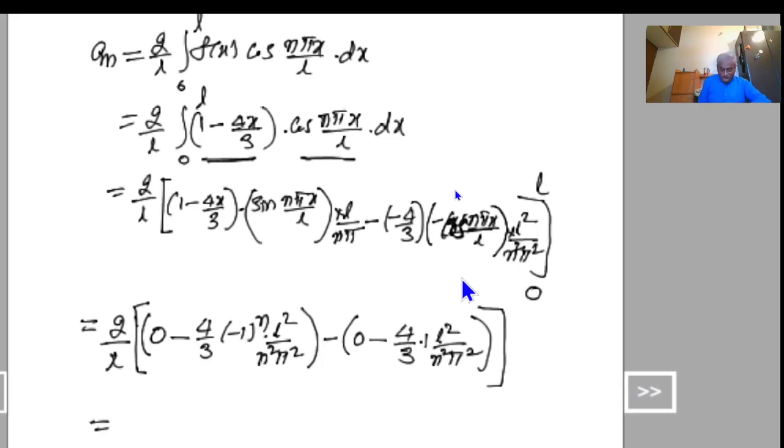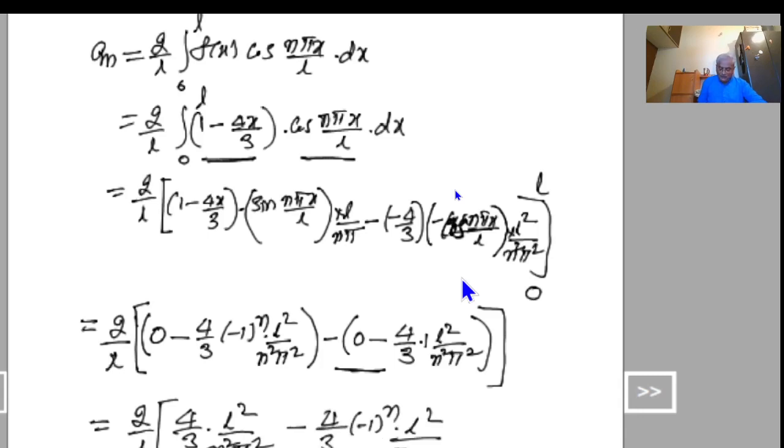Let us simplify this. This is equal to 2 by L. First I will write this term: minus into minus gives plus 4 by 3 L square by n square pi square, next minus 4 by 3 minus 1 to the power of n L square by n square pi square.